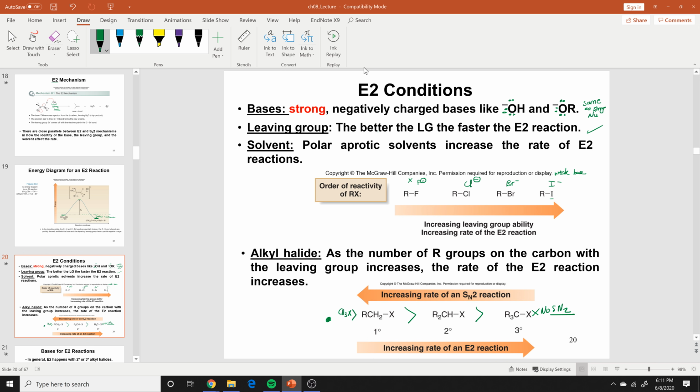In E2 and in E1, we always want to have a tertiary alkyl halide for our elimination product, always. So tertiary alkyl halides react faster than secondary alkyl halides, than primary alkyl halides, with the E2 reaction. Primary alkyl halides and methyl halides have no reaction in there.